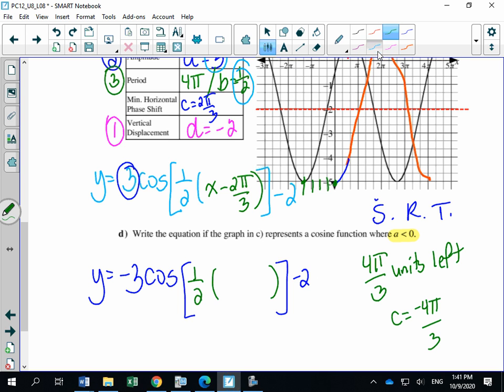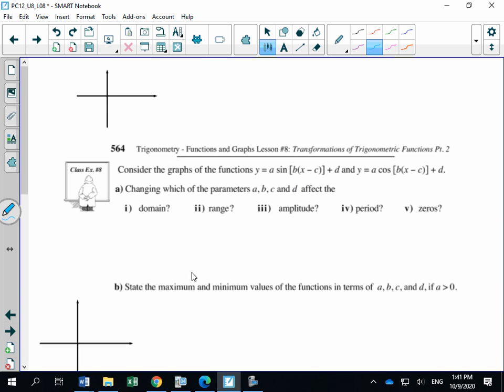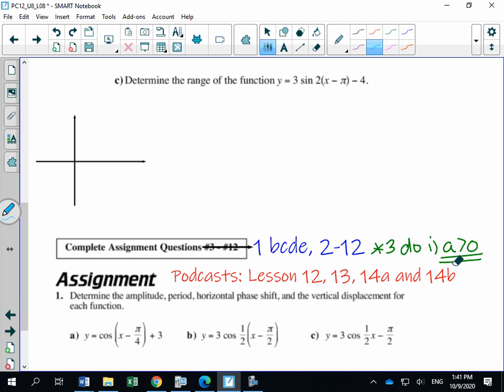That means that this would be x plus 4 pi over 3. If you understand this, I'm still going to do the last class example, but you could now do the standard of excellence questions.